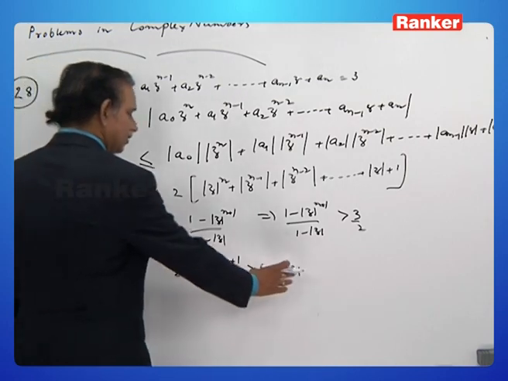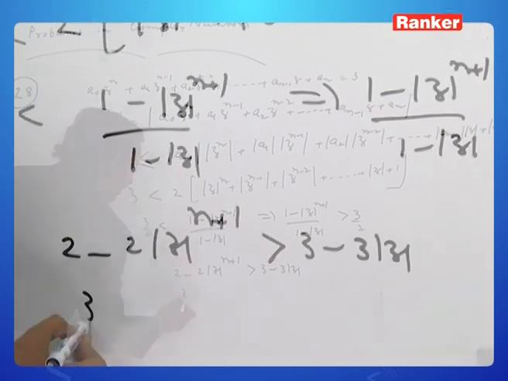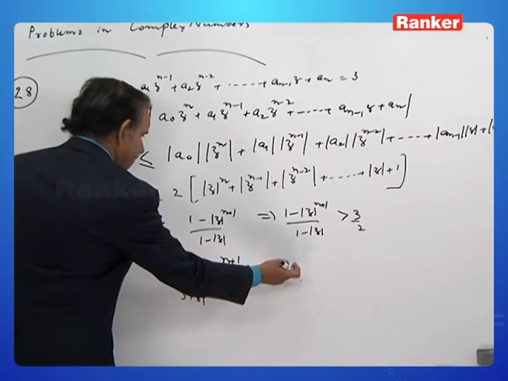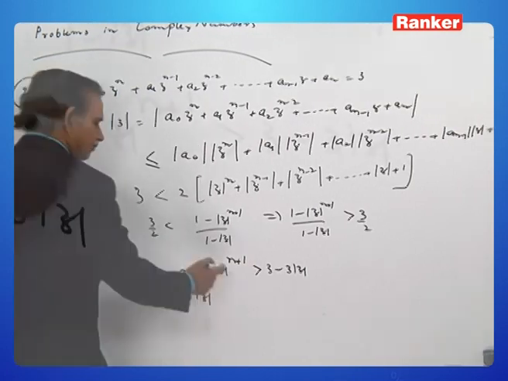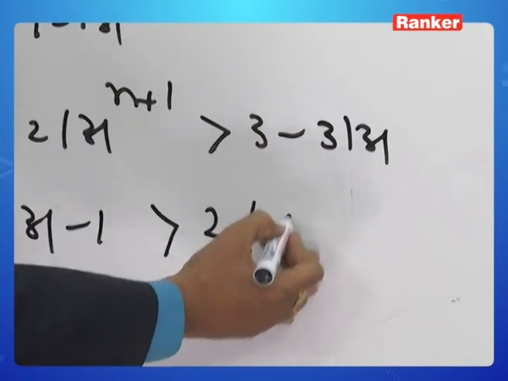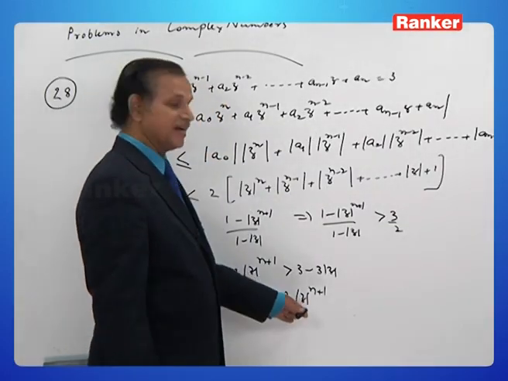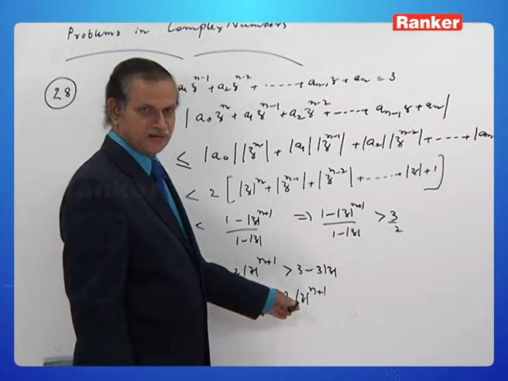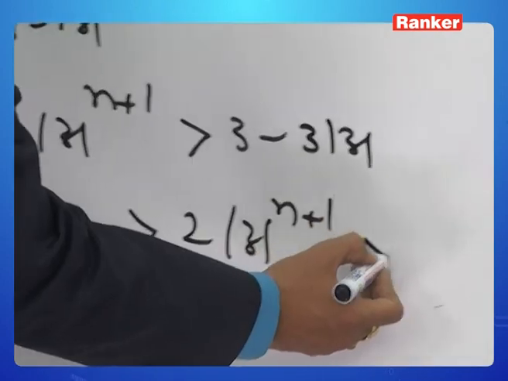Let us bring those two things here and send this to that side. What happens? 3|z| comes this side, and 3 comes this side, becomes minus 3. 2 - 3 is minus 1, which is greater than 2|z|^(n+1). But you see, the modulus of z is a positive real number. 2|z|^(n+1) is greater than 0.